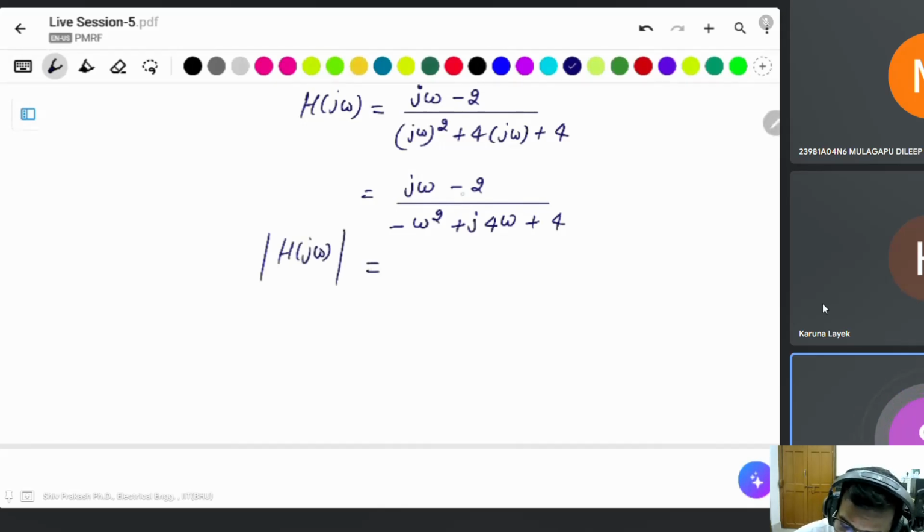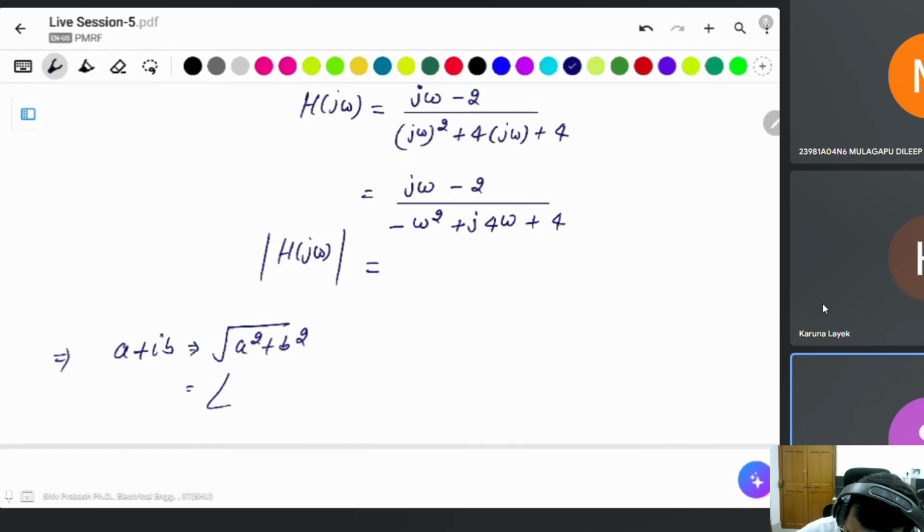The numerator will be minus 2 plus j omega. You know that for a plus jb, the magnitude is root of a square plus b square, and the angle is tan inverse of b by a.